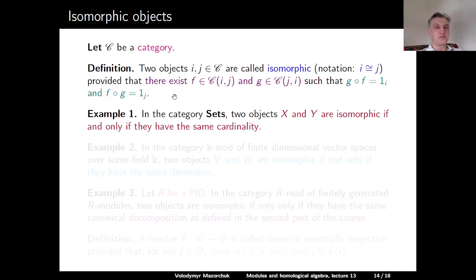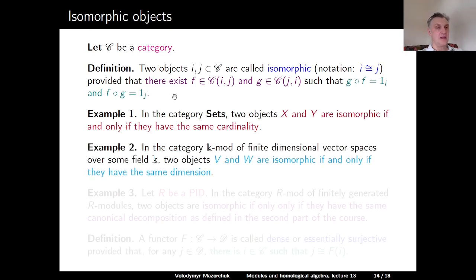Example 1. In the category Sets, two objects X and Y are isomorphic if and only if they have the same cardinality. Example 2. In the category of all finite-dimensional vector spaces over K, two objects are isomorphic if and only if they have the same dimension.